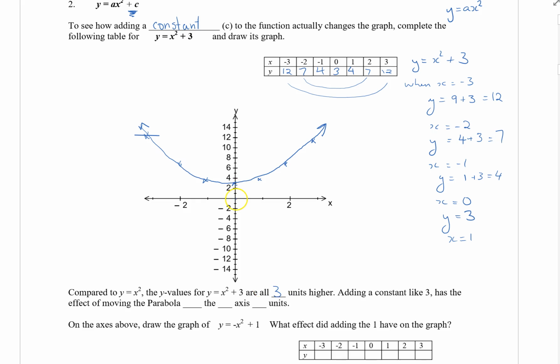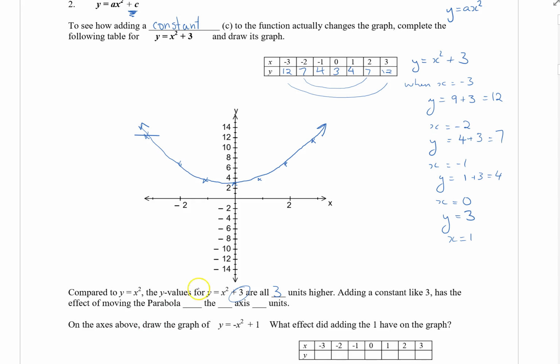Remember when we were here at the vertex, we were down 3 units. Over here at x is 1, we were only up 1 unit, whereas now we're up 4. So it's gone up 3 units. So the impact of that +3 is it has pushed the whole graph up 3 units.